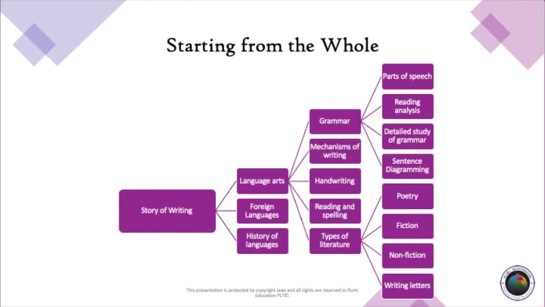And then if you look at grammar, it would be broken down into the parts of speech, reading analysis, detailed study of grammar, and those would be further broken down into their own details. So as we design a curriculum for a Montessori classroom, we need to keep this idea in mind, starting from the whole, working towards the details, and working from the details towards the whole. This together will provide the child with a holistic view of the knowledge of the universe that they are exploring.